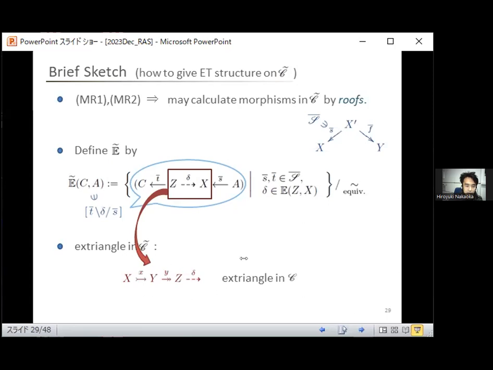So this is an X triangle in the original ET category. And then simply by composing s bar and t bar, we can define an X triangle in C tilde. So this is a definition of the ET structure on the localization C tilde.